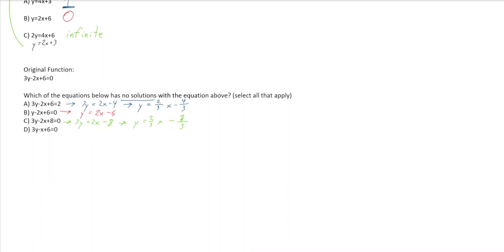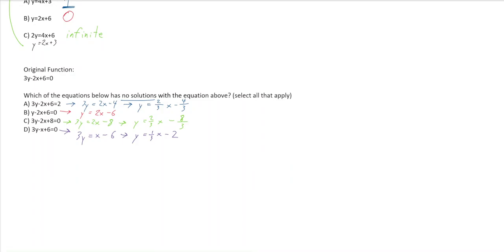Okay, and our last one here is 3y equals x minus 6. Then you divide by 3 everywhere, so y equals 1/3 x minus 2. Okay, so we've got our 4 different situations. Which of these have the same slope as the above equation?